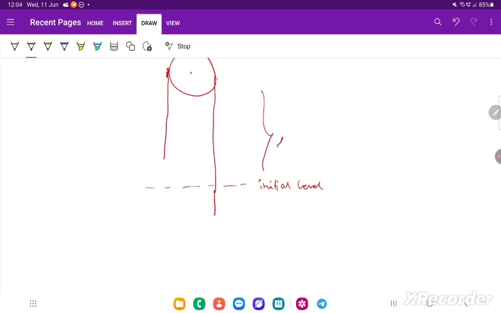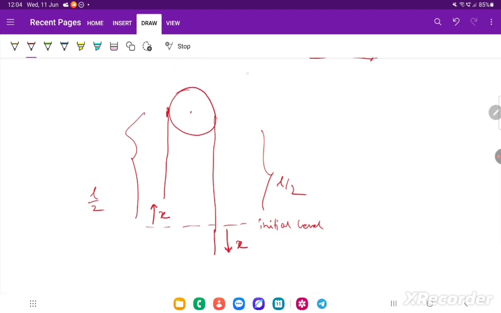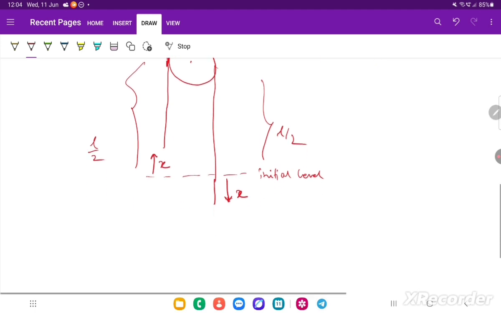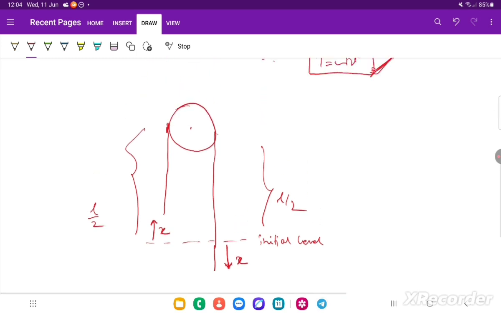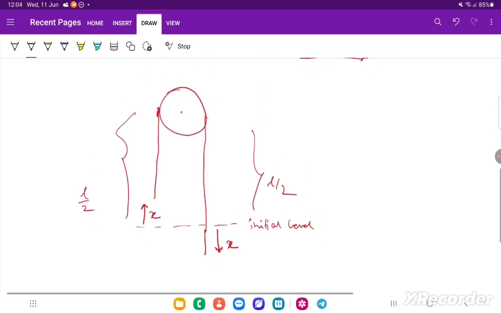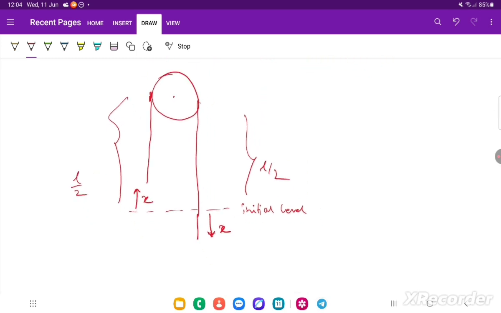This length was L/2 and this length was also L/2 initially. Finally, this left part has moved up a distance x, and the right hand part has moved down a distance x. And at this instant, we are assuming that the rope gets detached from the pulley.